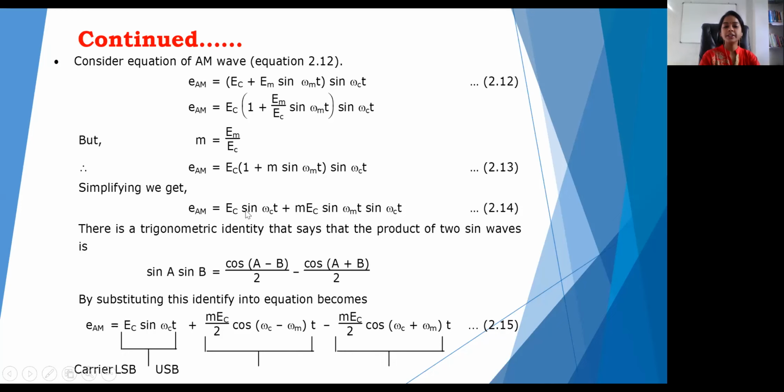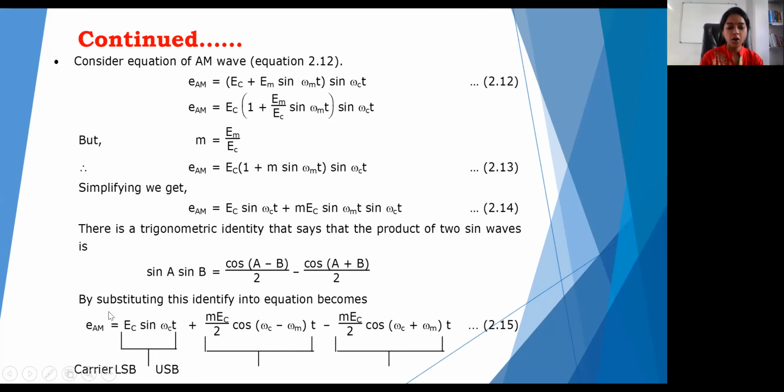So in this equation you are able to see that in the amplitude modulated signal also you have two sine frequency terms. Here after applying the formula sine A sine B, you can write this as cos of (A minus B) by 2 minus cos of (A plus B) by 2.